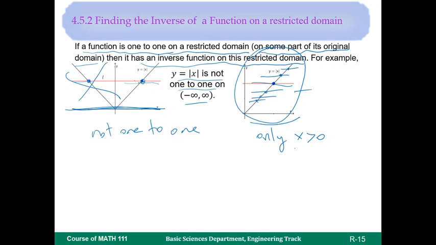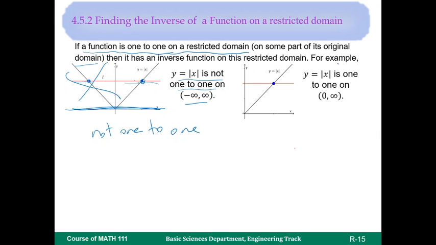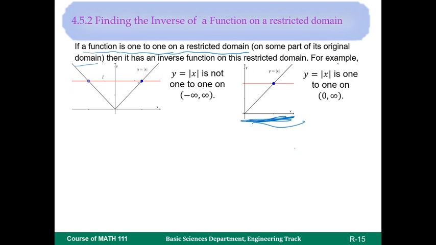So in this case, it's one-to-one on the positive x-axis. So you can say y equal to the absolute value of x is one-to-one on this part only, not the other part. So we can find the inverse of this function only on this part.